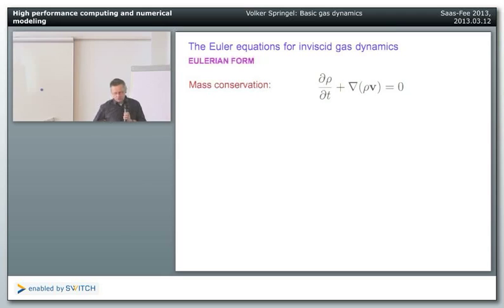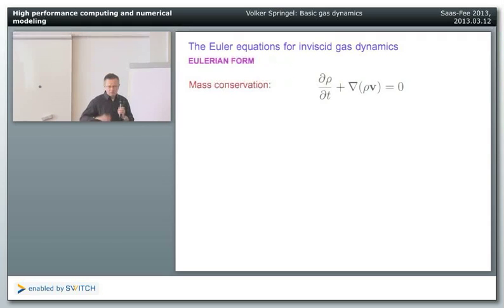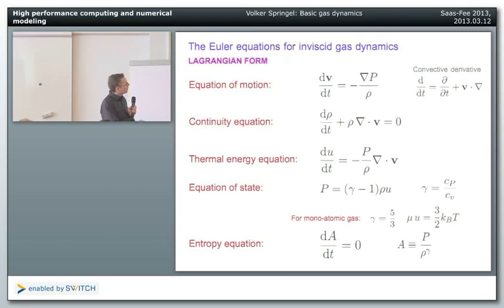You can also describe the Euler equations for ideal gas dynamics in a different form, in the Eulerian form, and you have to if you're confused about, sometimes you see equations of motion, and if you're unaware of this distinction, you think, wasn't this equation different? For example, here the mass conservation equation. Here is my continuity equation, looks like this in Eulerian form. And if we go back, we had here the continuity equation also.